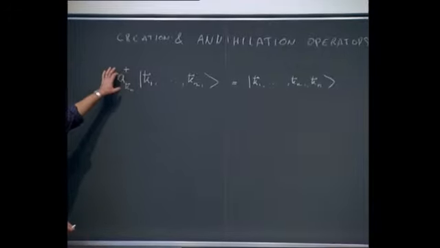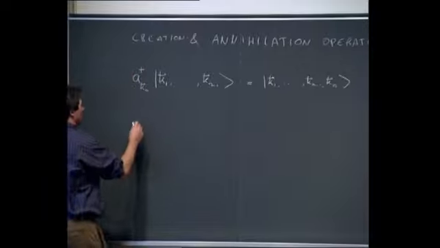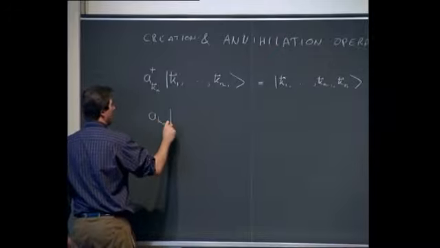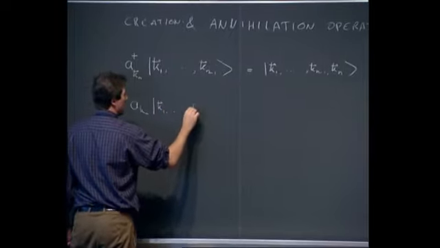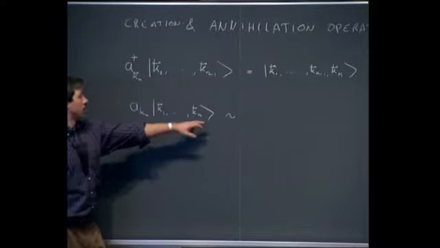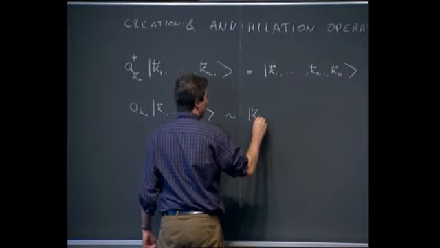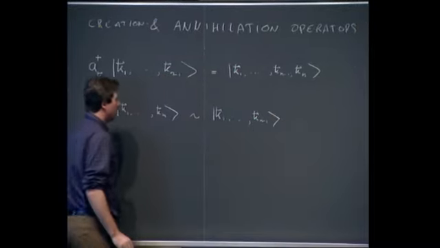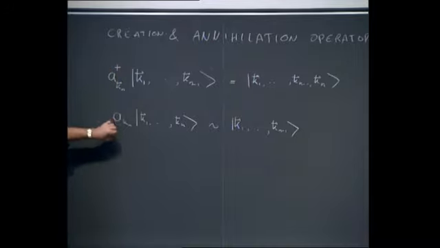Similarly, we have annihilation operators, and annihilation operators are the Hermitian conjugates of these operators. So I'll write them with a, k, n, and if I act with such an operator on a state with n particles, then the state I get will be proportional to the state with 1 particle less, because the proportionality constant is determined by the normalization I gave for the wave functions.